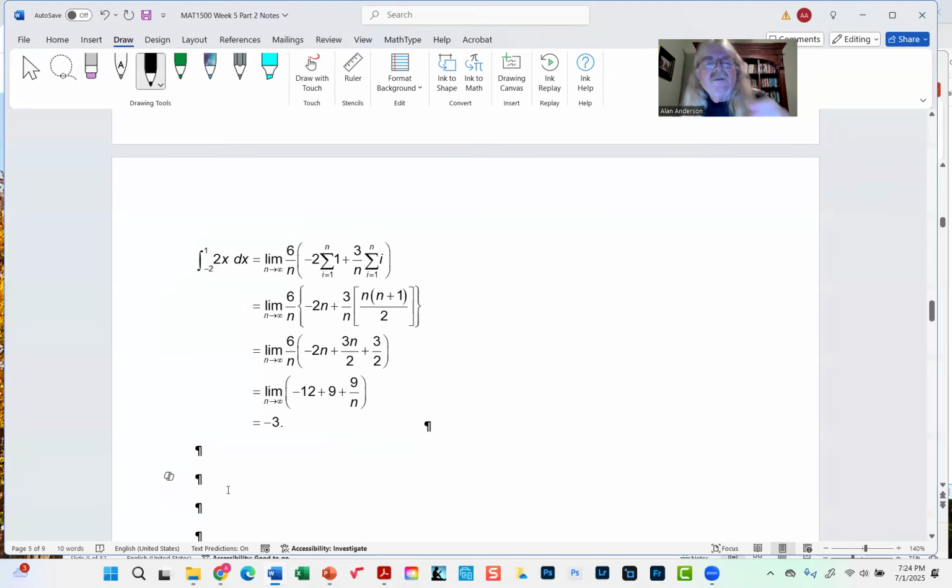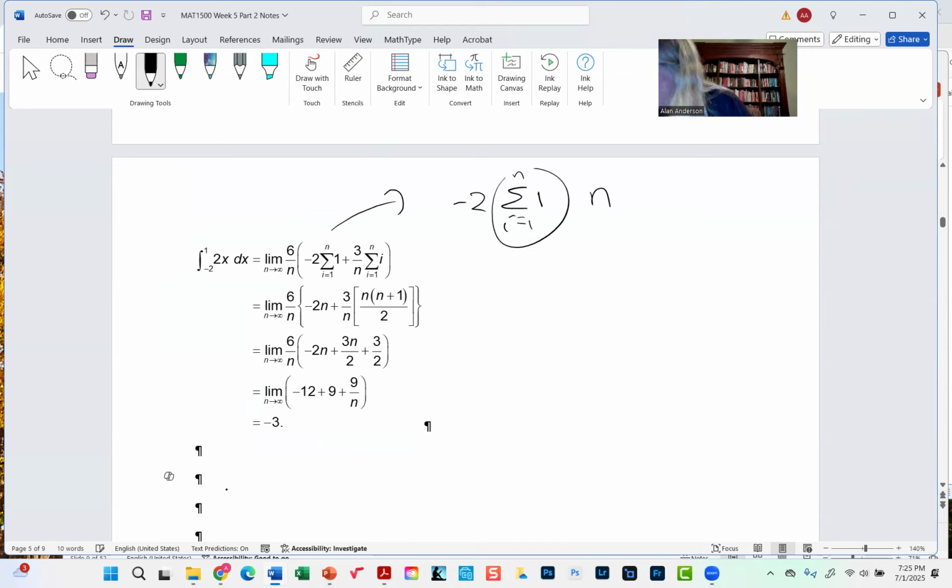Anyway, if you follow through the steps, you can see we do have a constant here. This becomes n, just n. So this becomes -2n. And then here we have I. That gets plugged in over here.